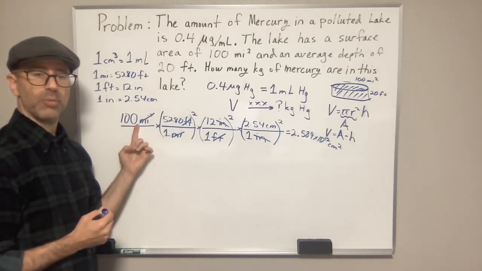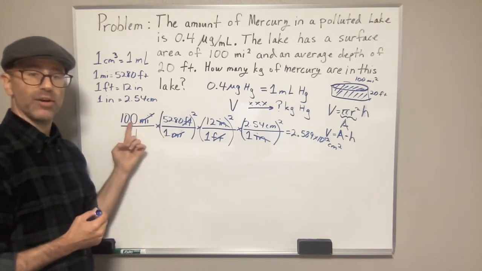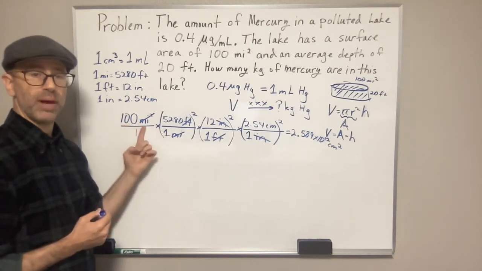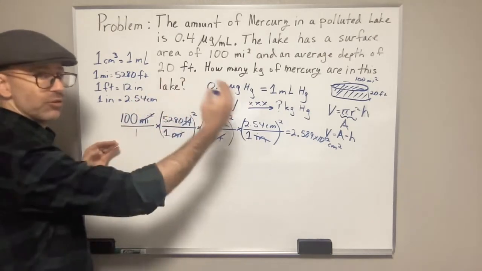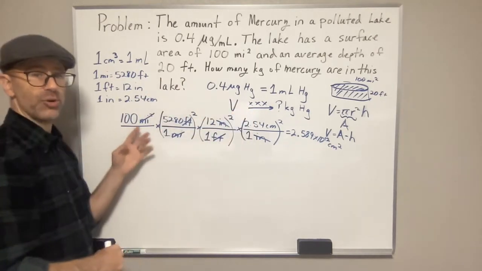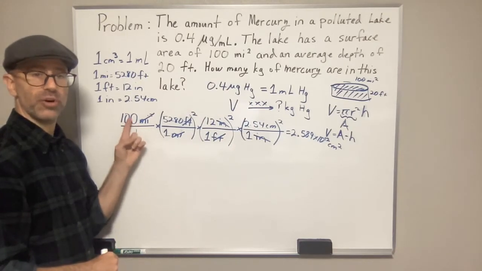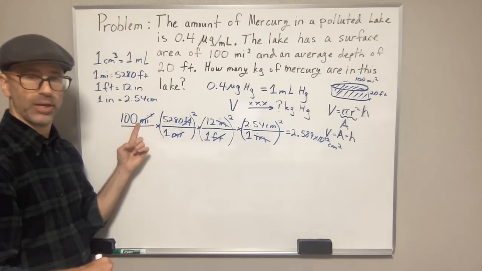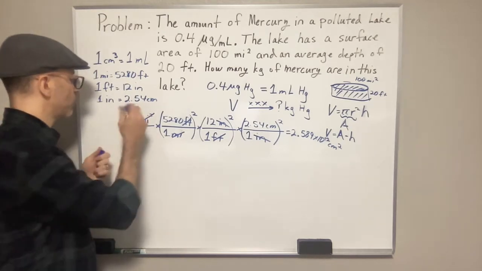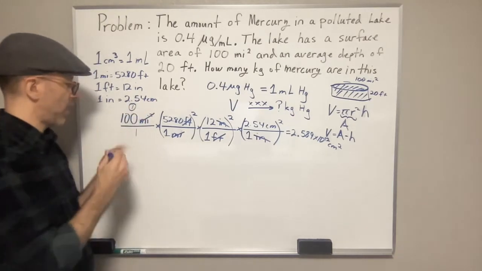There is no decimal point at the end of the 100, so there is only one sig fig here. Remember, zeros at the end of your number, farthest to the right, those are your trailing zeros. Those zeros are only significant if you have a decimal point. We don't have a decimal point here, so they are not significant. So that is one sig fig.